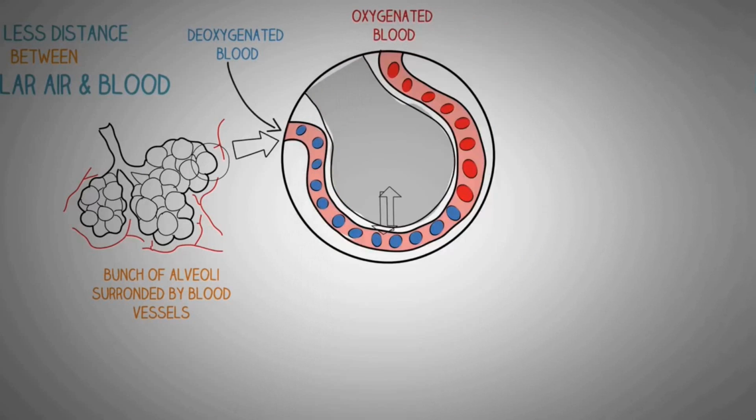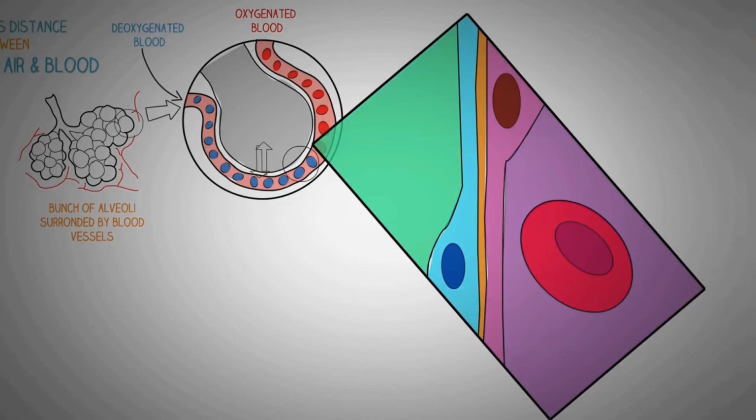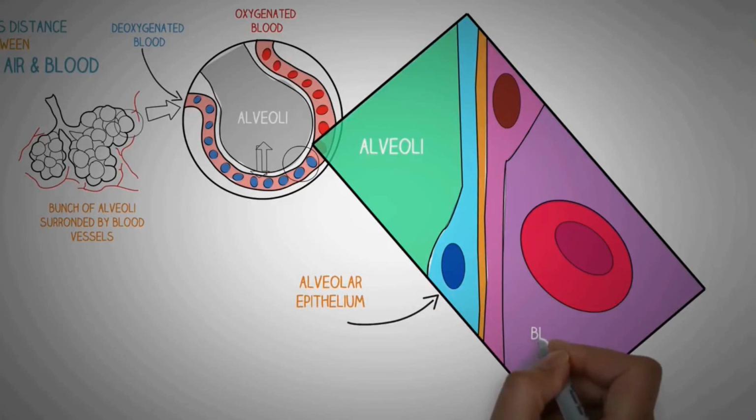In these capillaries, the deoxygenated blood enters from one side, exchanges gases with the alveolar air, and finally oxygenated blood is released from the other side. If we take a closer look at the junction between the alveoli and the capillary wall, you can see that the green side represents the space inside the alveoli. The cells in sky blue represent the alveolar epithelium.